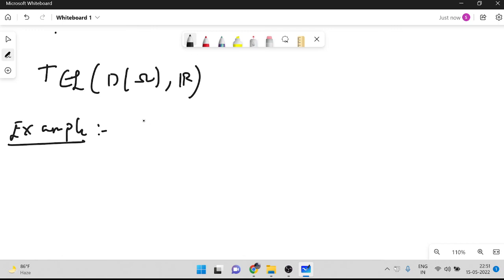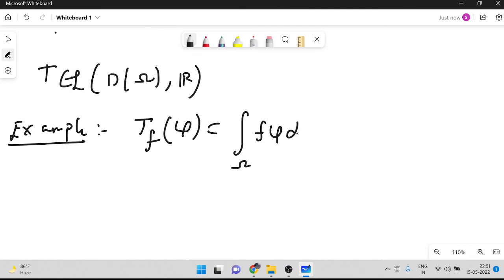I define T_f. Your distribution should take a differentiable function and give out an integral. So I am going to take the integral over Ω of f φ dμ. How do we show that this is a good bounded linear map?